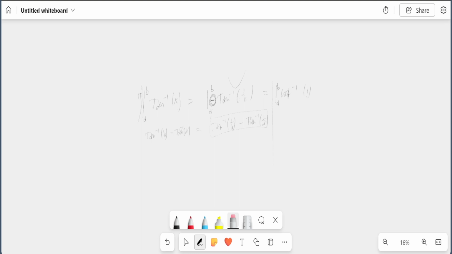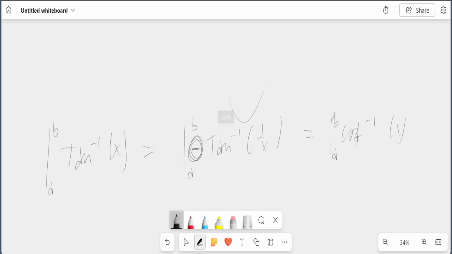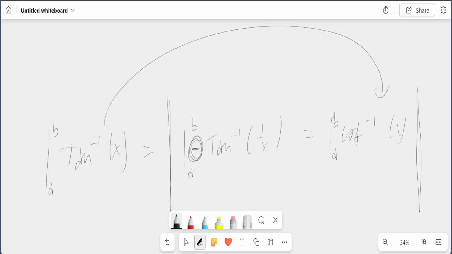Okay, now let's do that last one. The last one's way easier. I'm going to prove these, right? I bet now that I've shown you, you could probably figure this out.